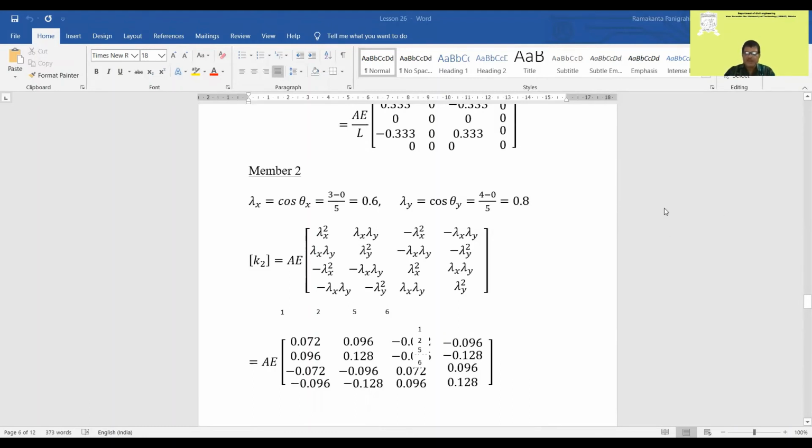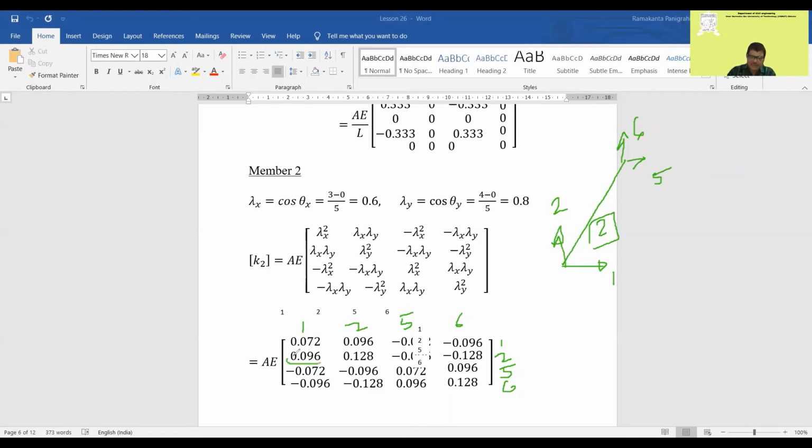Now what values will come here for member 2? Member 2 is here, joining here to here. This is your coordinate 1, this is your coordinate 2, this is your coordinate 5, this is coordinate 6, right? So what will you find here in the matrix? 1, 2, 5, 6. These are the values you will obtain in the matrix. That matrix was 1, 2, 3, 4. What is the meaning of this?